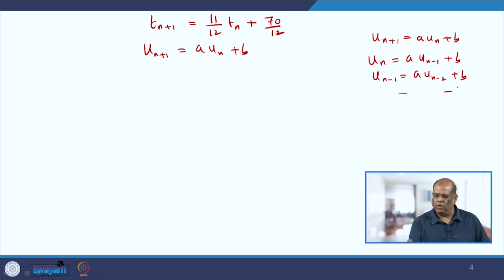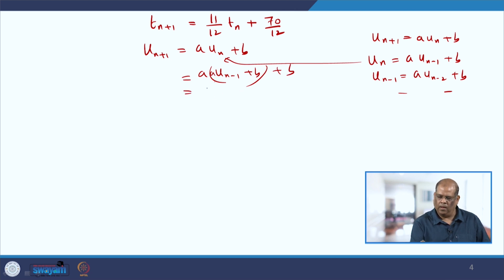So, we use that, you substitute this un here. So, a times un minus 1 plus b equals a square un minus 1 plus ab plus b, and this you can write as a square un minus 1 plus b into a plus 1.